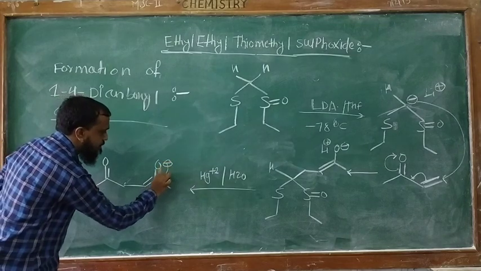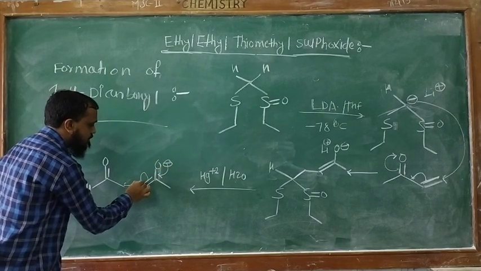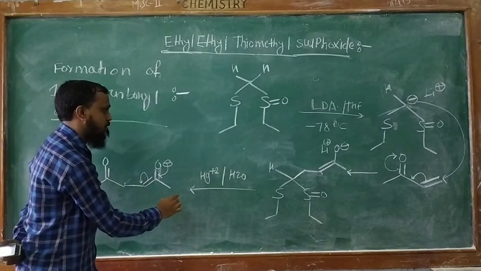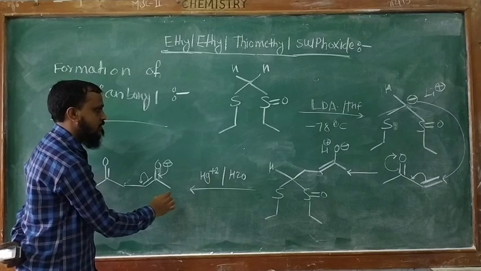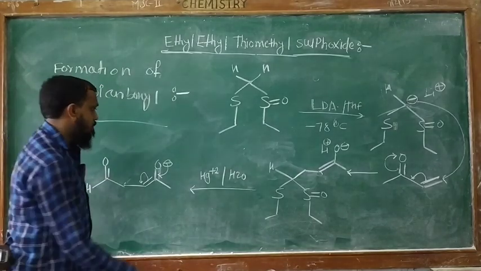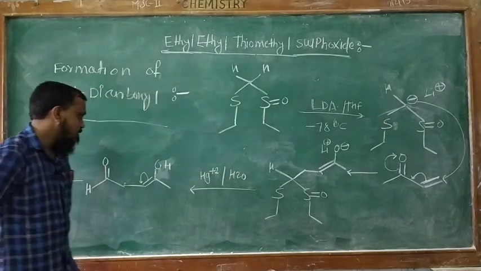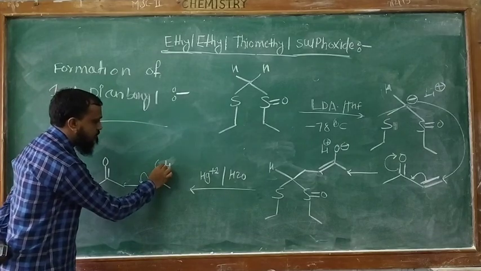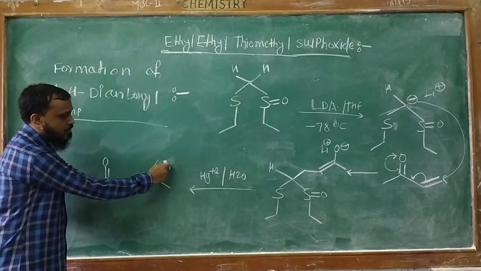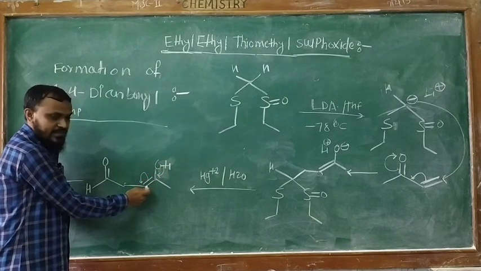Here the negative charge is shifted in between oxygen and carbon, due to which this pi bond shifts towards this carbon atom, and here one proton is extracted from the water molecule. So the bond between this hydrogen and oxygen shifts between oxygen and carbon, and this pi bond shifts toward this carbon atom.